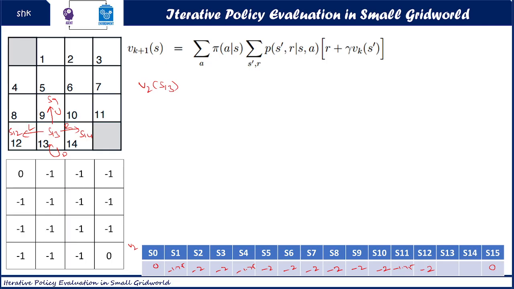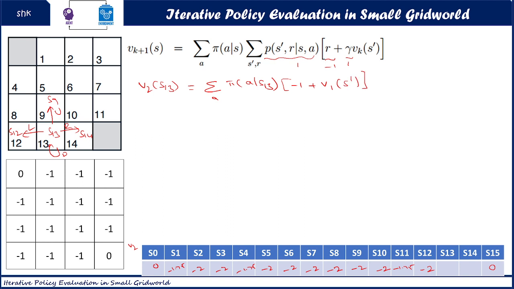So V2 of S13 is equivalent to the summation over all the actions of the probability of actions from S13 state. State transition probability is 1, reward is minus 1, discount factor is 1. So this is minus 1 plus V1 of S', where S' depends upon the action.